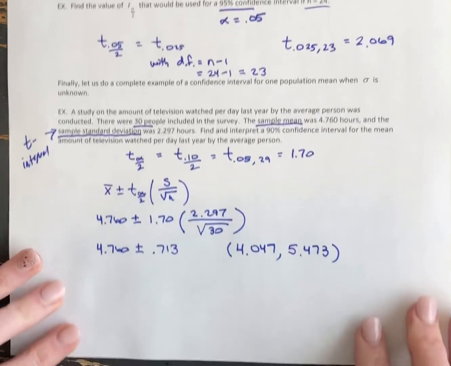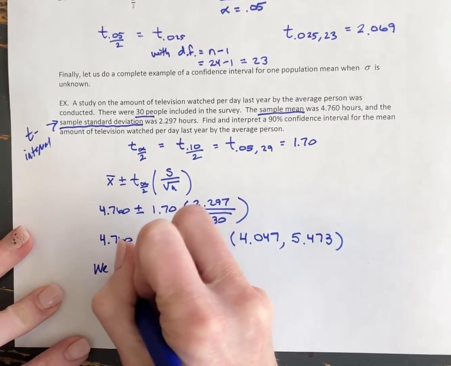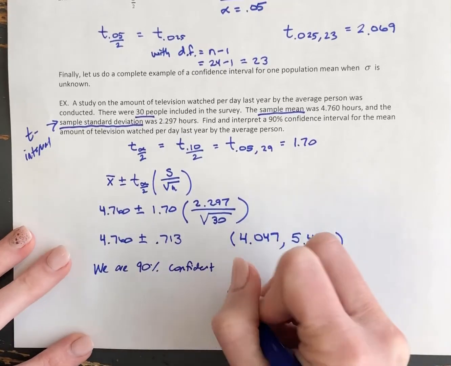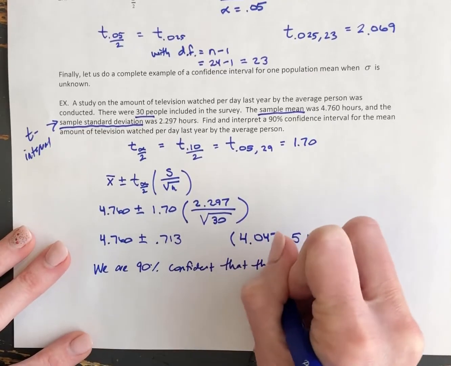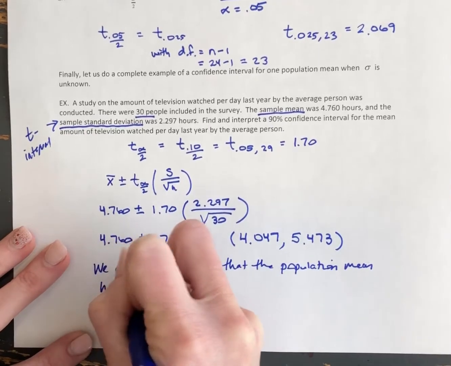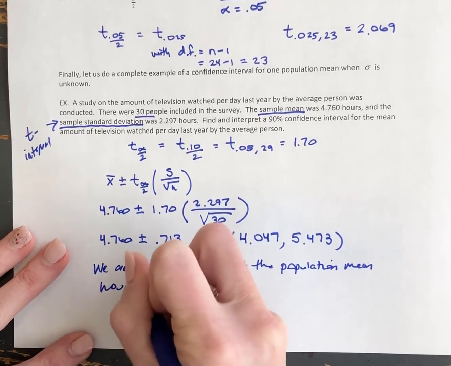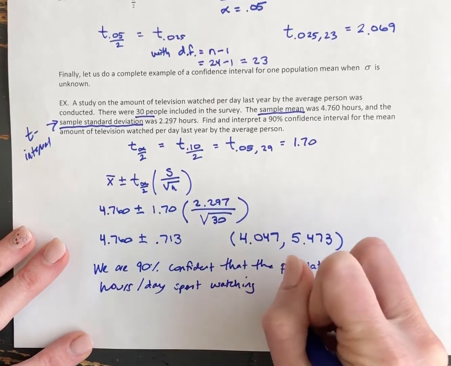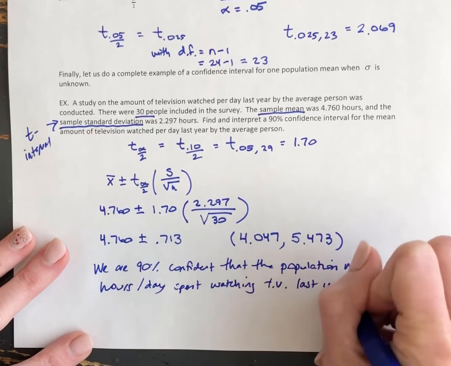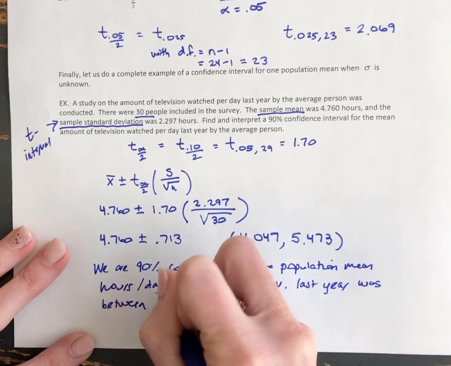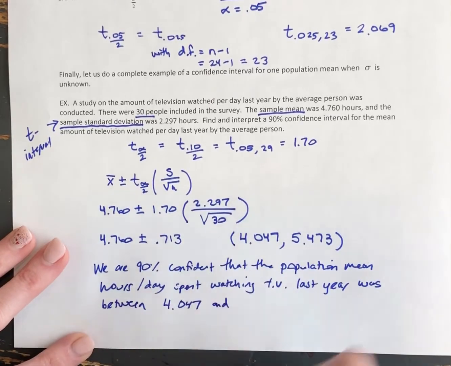And so as an interpretation there, we're going to say we are 90% confident that the mean, I'm going to be real specific here, the population mean hours per day spent watching TV last year was between 4.047 and 5.473 hours.